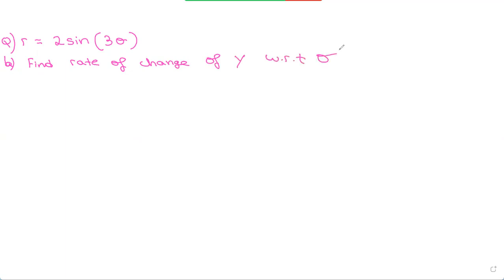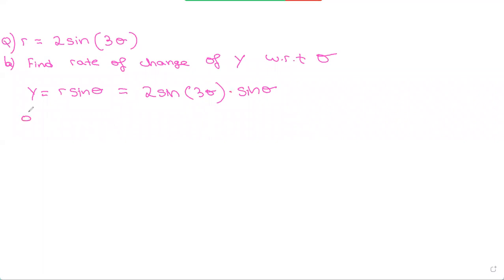It's basically the same thing, but we'll use a different formula because y is r sine theta. Then this is equal to 2 sine 3 theta times sine theta.